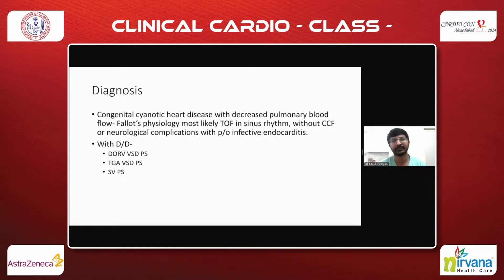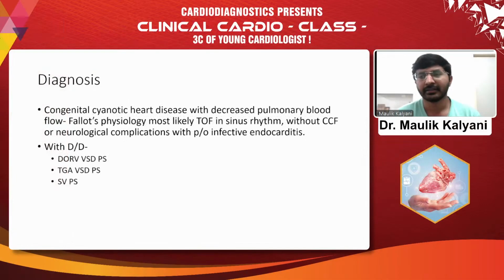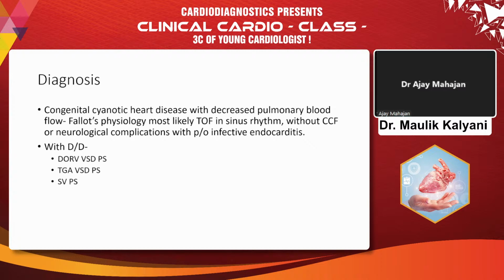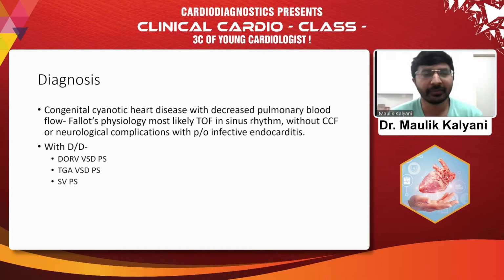Okay, sir. Is there any way that you can differentiate clinically DORV VSD PS and tetralogy VSD PS? Anything about murmur or thrill? So DORV will have a thrill of VSD, sir.